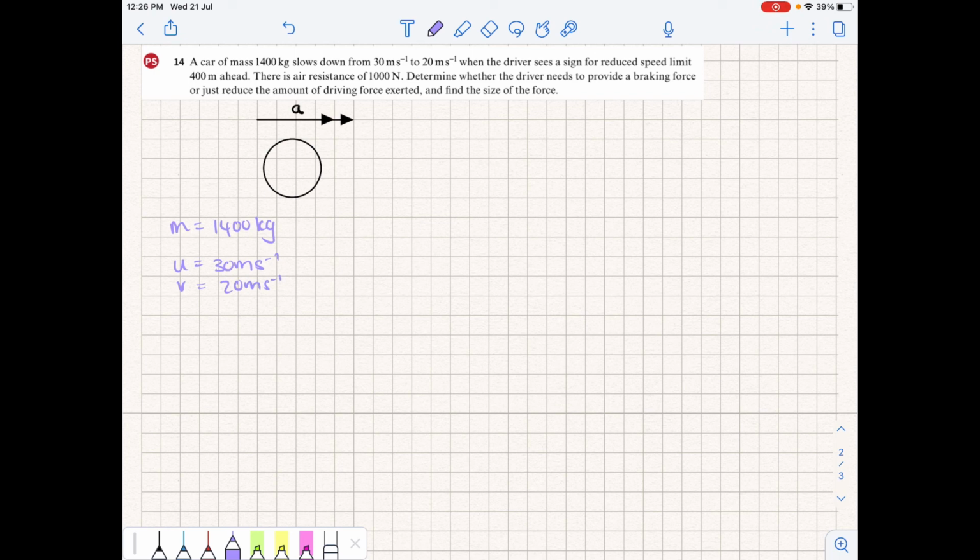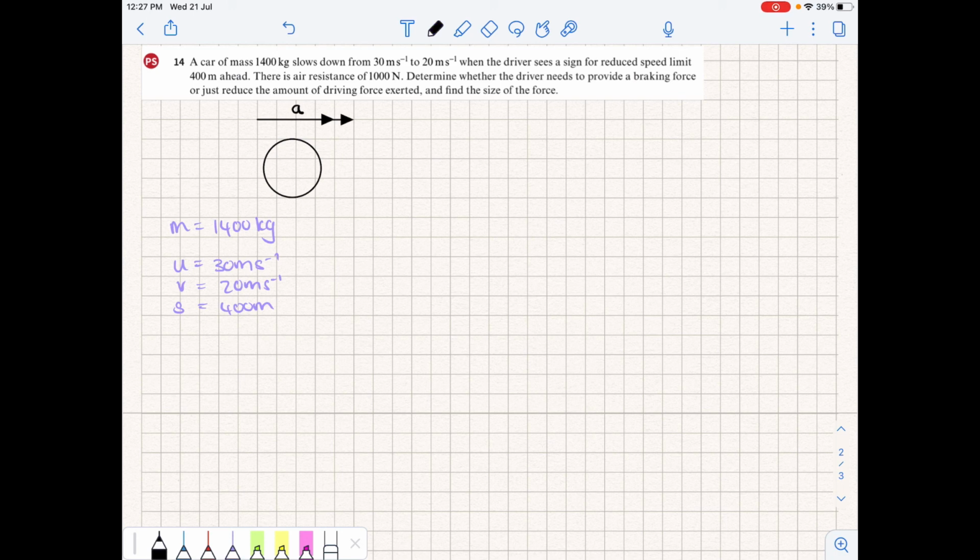Right, this all happens when the driver sees a sign for reduced speed limit 400 meters ahead. Okay. There is an air resistance of 1,000 newtons. Okay, so I'm going to write some displacement of 400 meters. I don't know what it's for yet, but I'm going to write down that I have displacement of 400 meters.